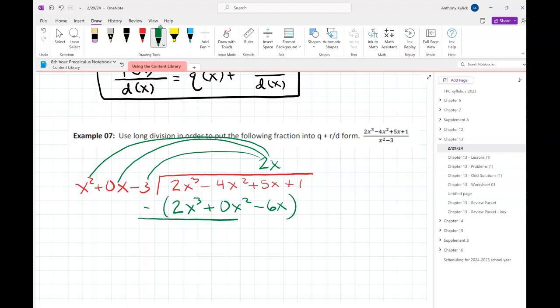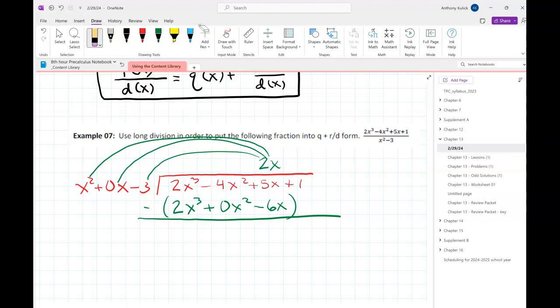And then we'll subtract down. Now, in my experience, the number one place that students make mistakes when doing this kind of a problem is they forget to subtract each term. What I'm going to tell you is that you should distribute the negative and just turn this into an addition problem.